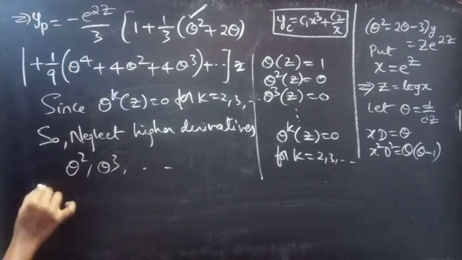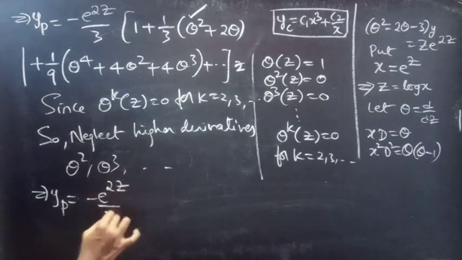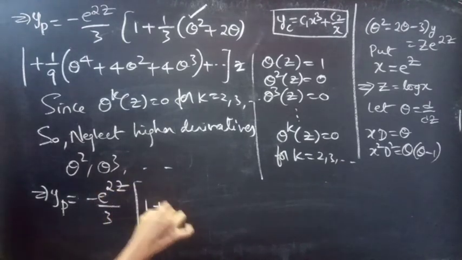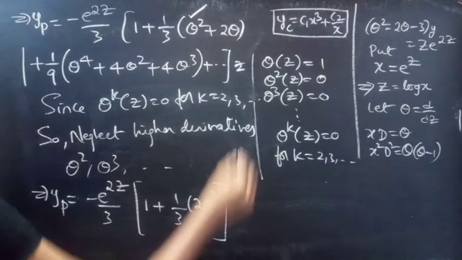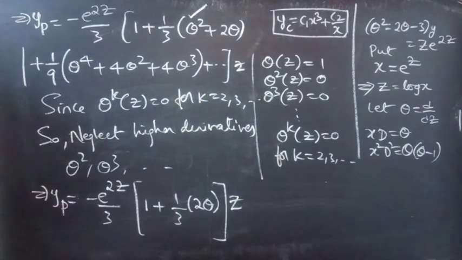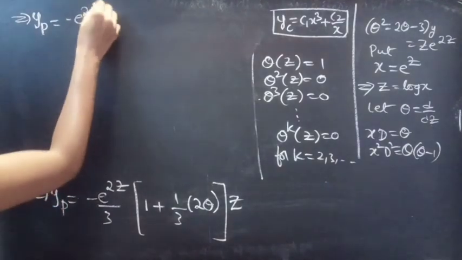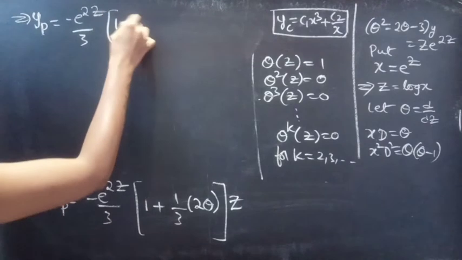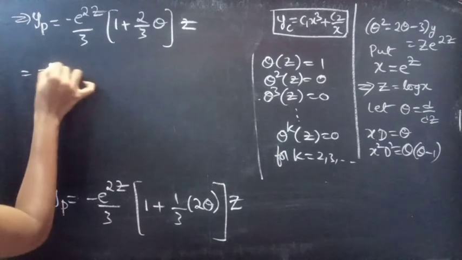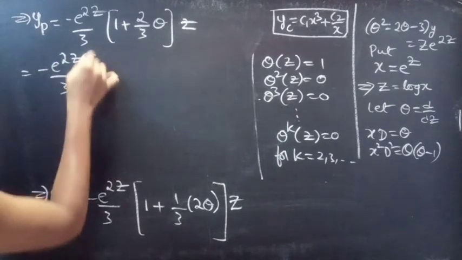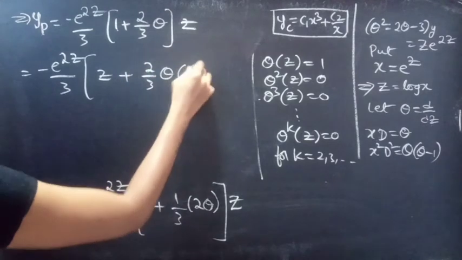Then yp becomes minus e power 2z by 3 into 1 plus 1 by 3 into 2 theta into z. Again we can write this as minus e power 2z by 3 into 1 plus 2 by 3 into theta into z. This equals minus e power 2z by 3 into 1 into z is z, plus 2 by 3 into theta of z.